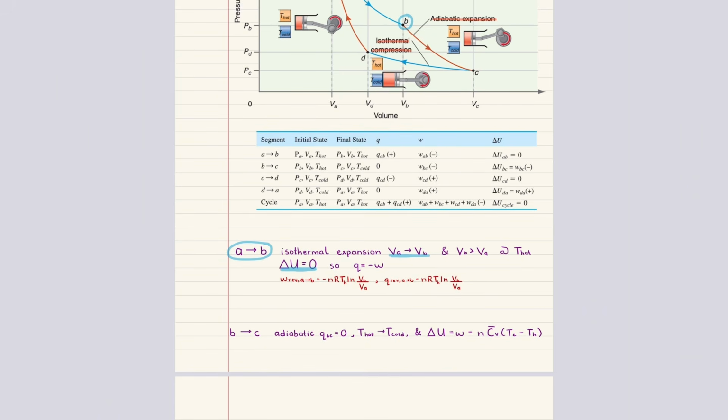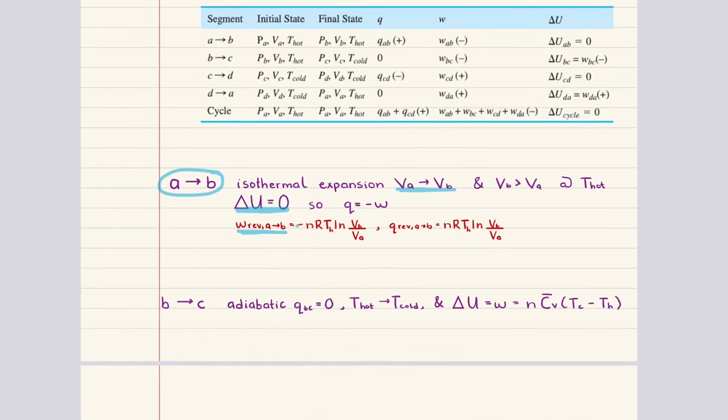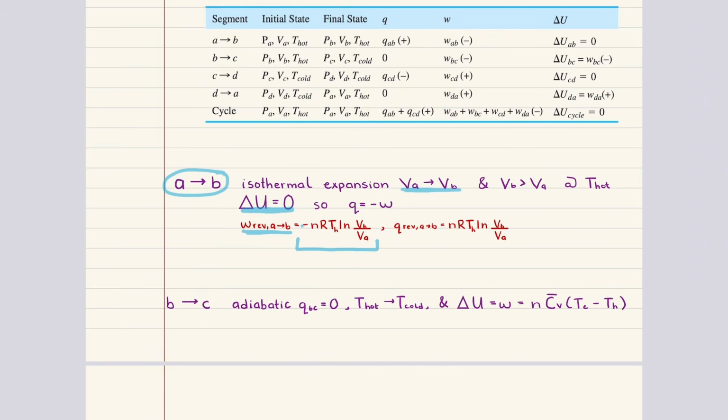The reversible isothermal work for an ideal gas is equal to negative nRT times the natural log of the final volume over the initial volume. So we can write WAB equals negative nRT hot times the natural log of VB over VA. Now, by the first law, delta U for this segment is equal to 0 because it is isothermal. So that means the heat equals the negative of the work.